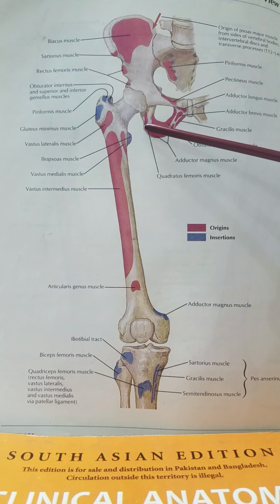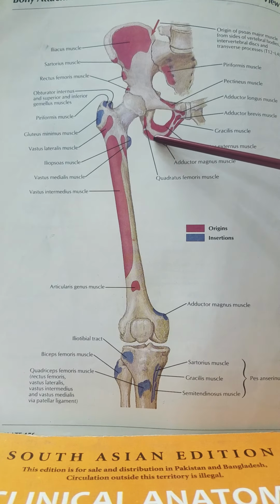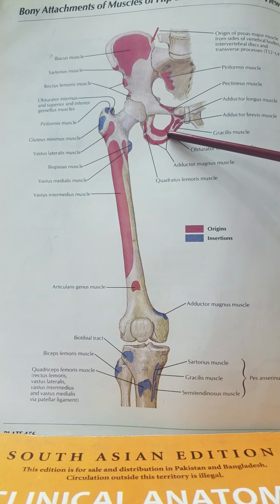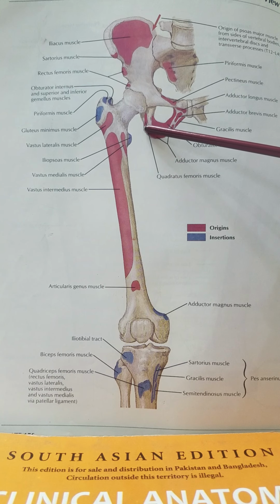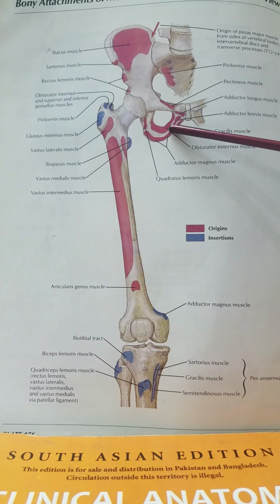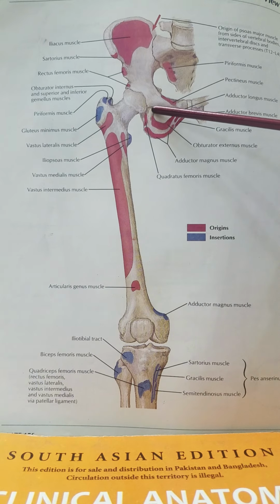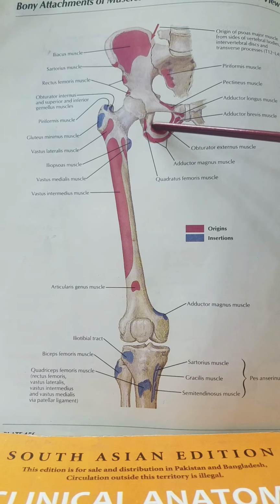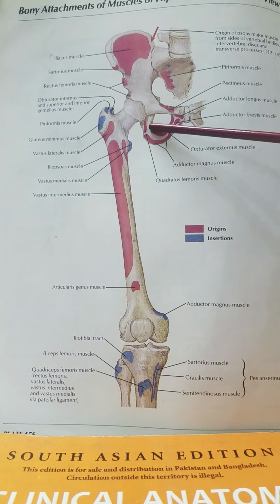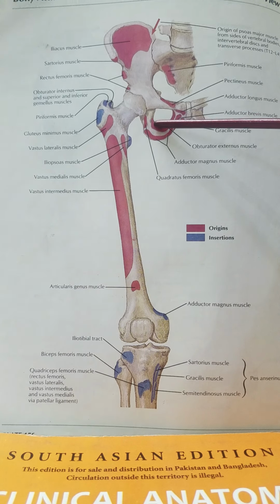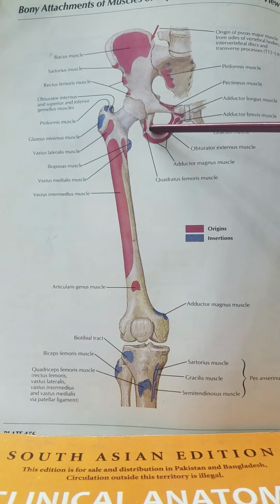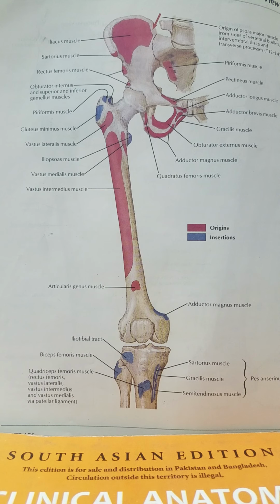Now again, this is the origin of a muscle known as the adductor magnus muscle, and this extends from the ischium to the ischiopubic ramus. Here you can see the obturator foramen, the external side, the outer side of the obturator foramen, and along its margin is the attachment of the obturator externus muscle.